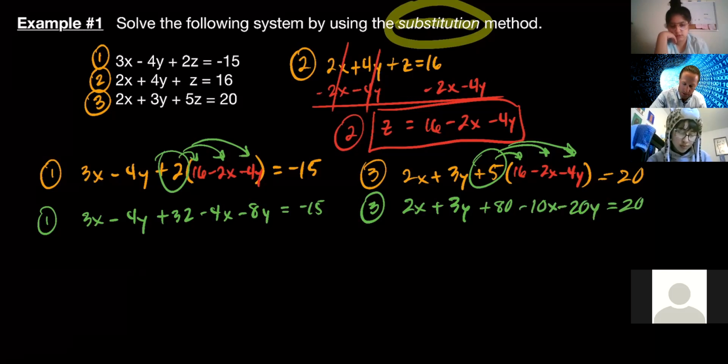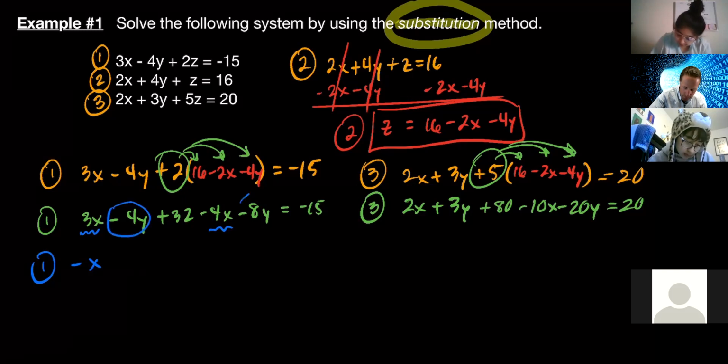Now all I'm going to do is clean those up a bit by taking all the like terms, in this case the x's, for my equation 1 would give me negative 1x. If you want to write the 1, you can. Then the y's, which remember if you owe 4 y's and then you owe 8 more, you're going to add and still be negative to owe even more y's, which in this case would be 12.